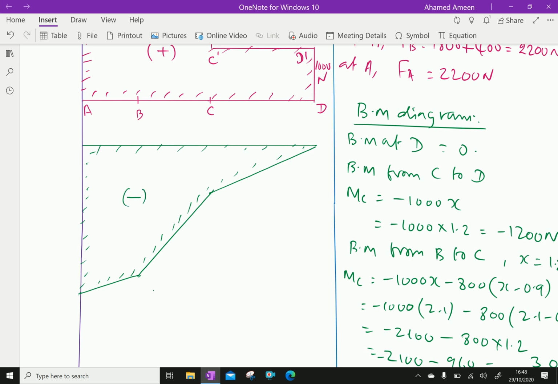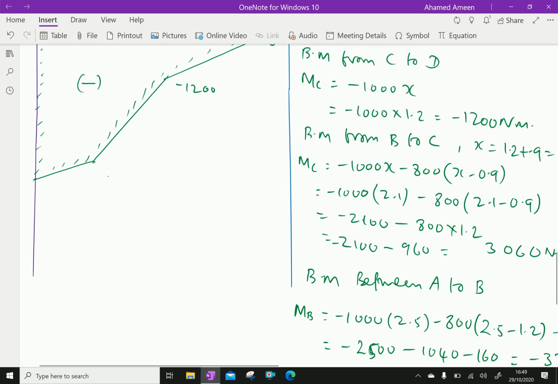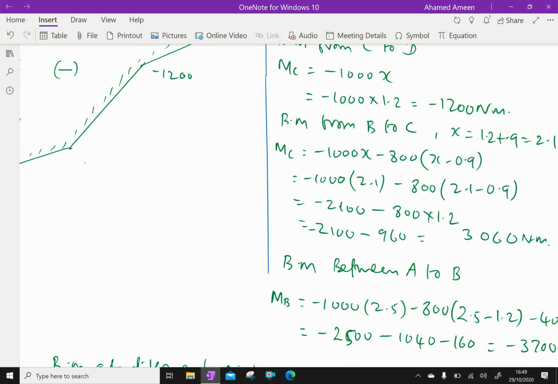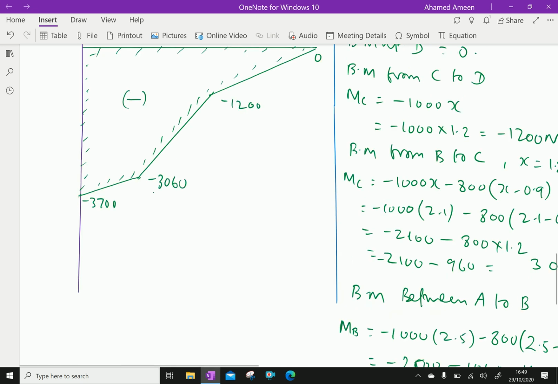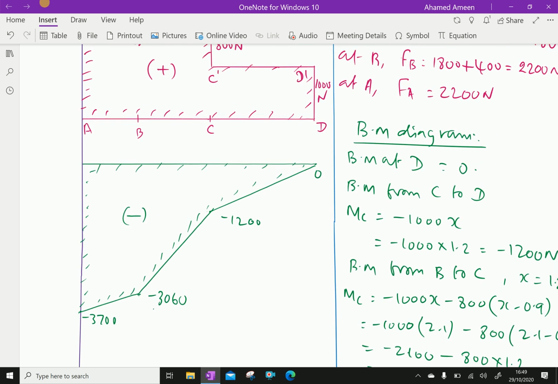So we have to note the points. The bending moment at D is 0, at C minus 1200, next minus 3060, and minus 3700.